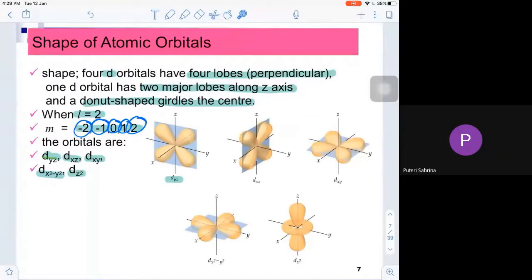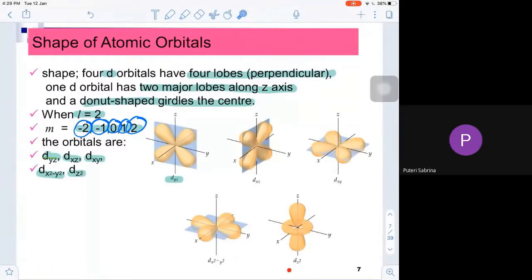If the lobes are on the x and y axis, look at this x, we have 2 lobes on it, and on the y-axis we have 2 lobes on it, so the name of this d orbital is dx square y square.